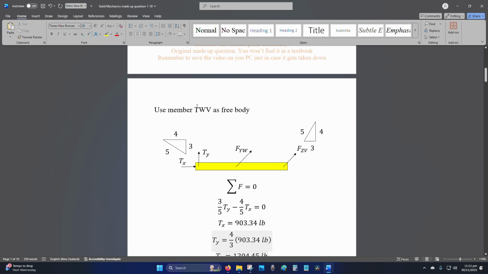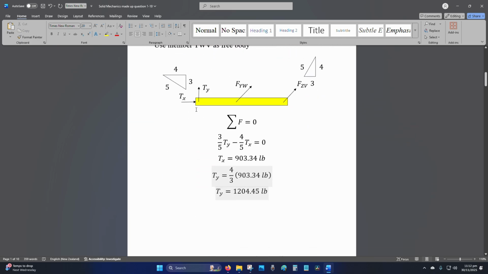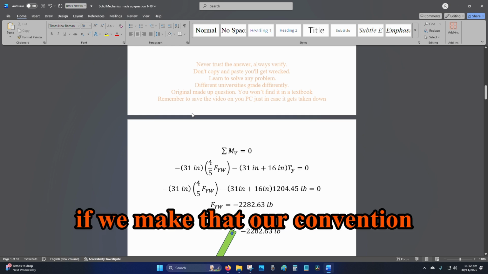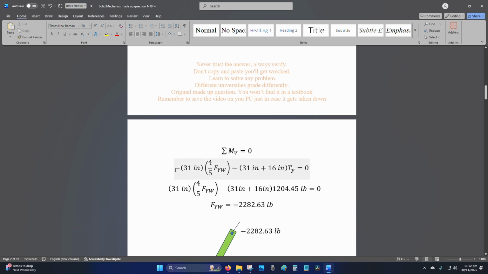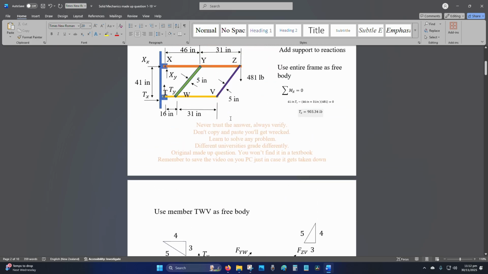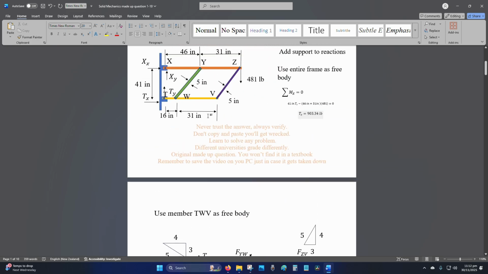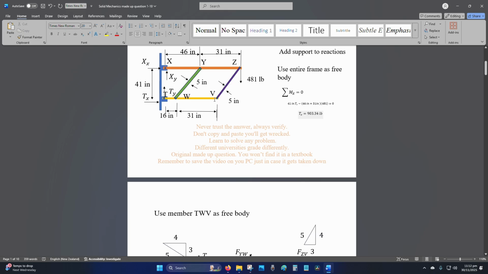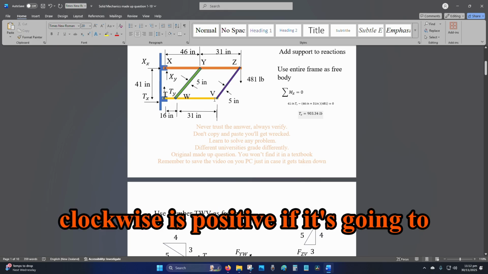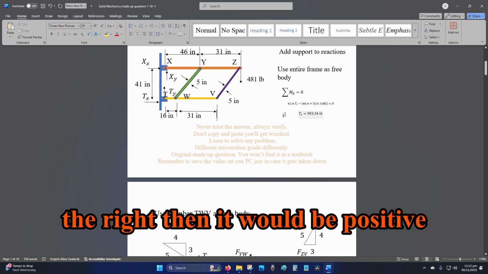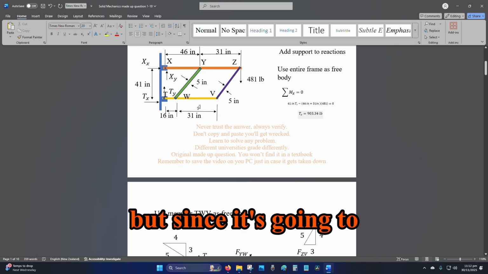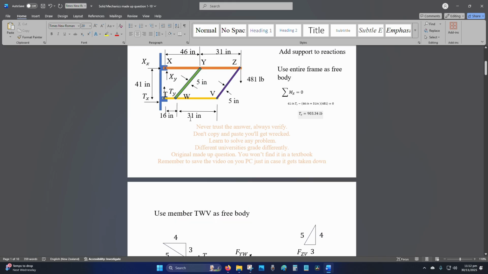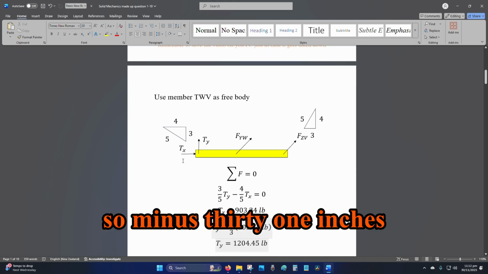If we make that our convention, then we will have a negative sign because we're going to the left of that point. If we set clockwise as positive, if it's going to the right, then it would be positive. But since it's going to the left, it's negative. So minus 31 inches.